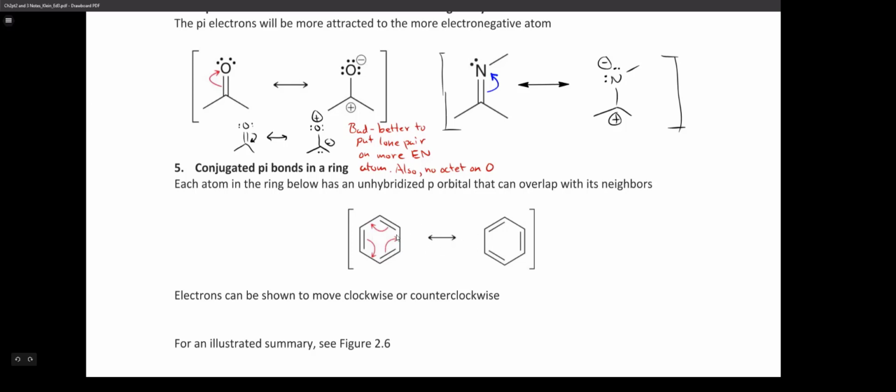And these are considered resonance structures. The 2 different ways of drawing benzene right there are considered 2 different resonance structures. And remember, more resonance means generally more stability. It stabilizes the molecule here.